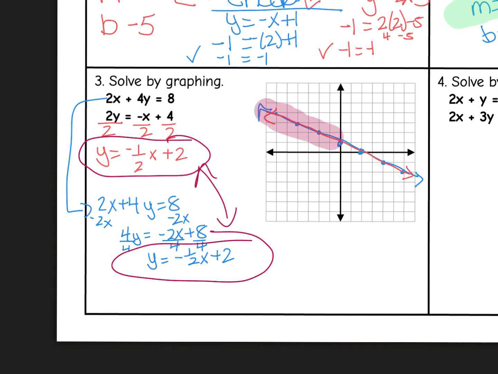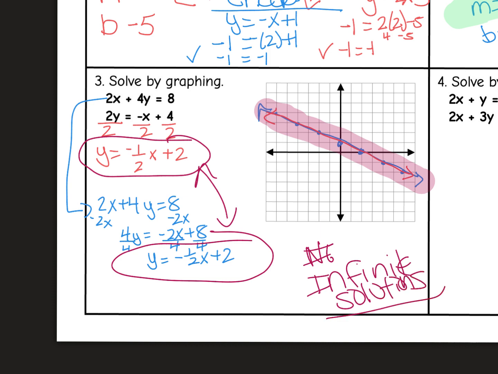So everything along these lines is part of a solution. So this example in number 3 would be infinite solutions. These are the same lines, so there are so many points, we just can't count them.